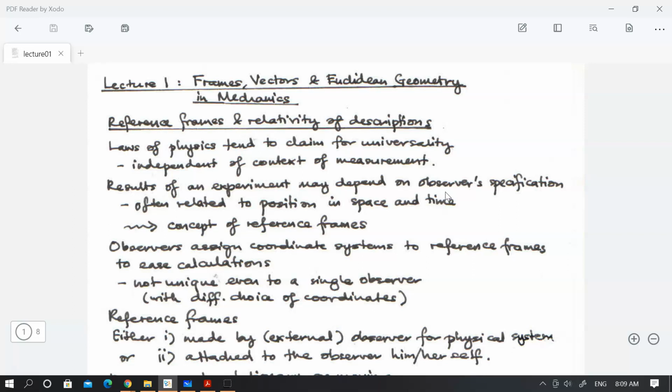It's from mechanics. I'm not sure how far you have learned about reference frames inside classical mechanics, but these are going to be important in the context of special relativity. Hence before we go to that, we need to understand reference frames even in the context of classical mechanics.